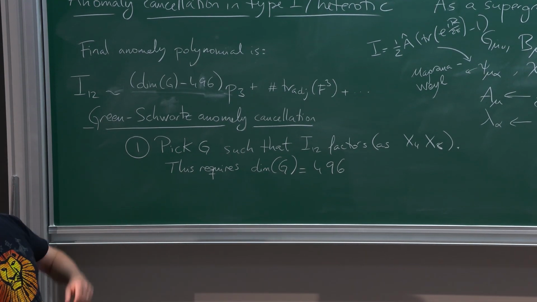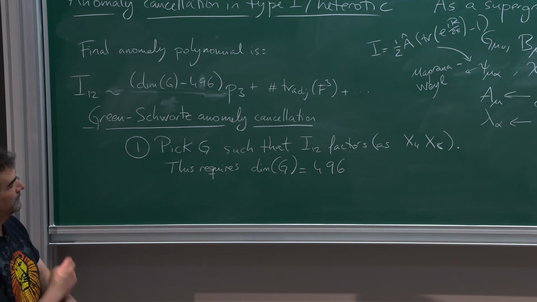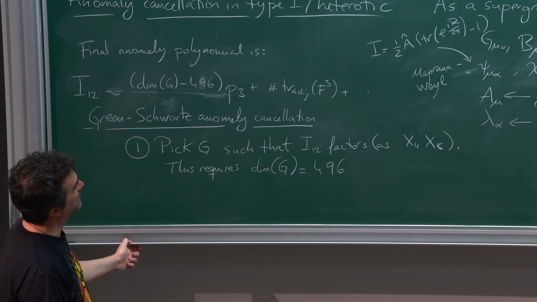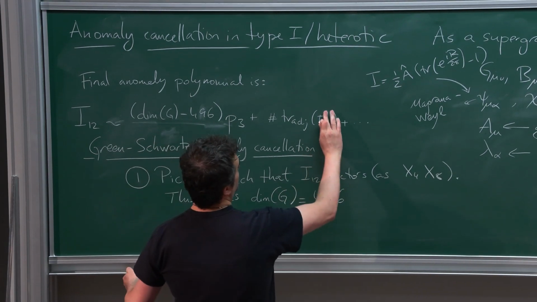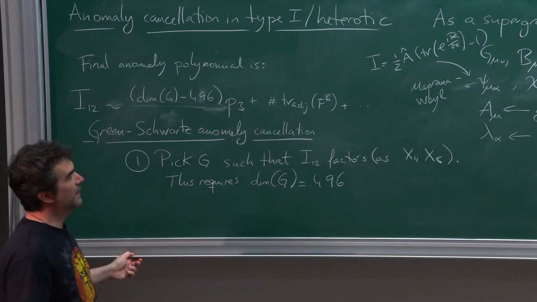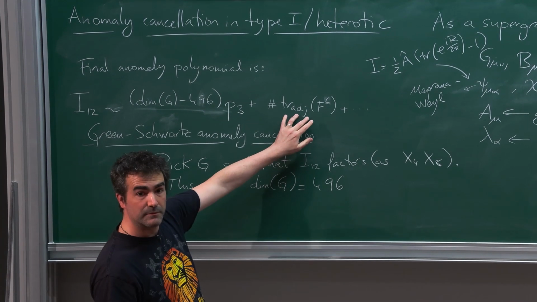Luckily, there are groups where this happens. But I also want that the trace in the adjoint factors. That's an F^6, of course. There's a 12-form. I want this term to factor also.